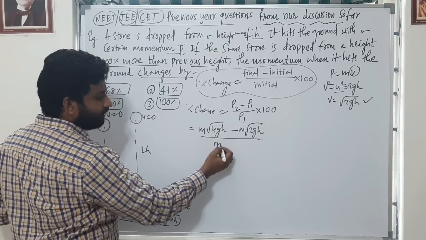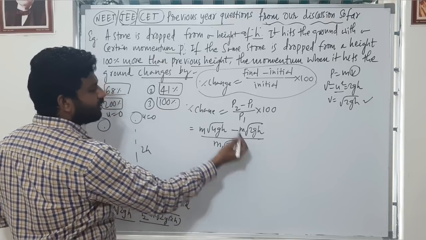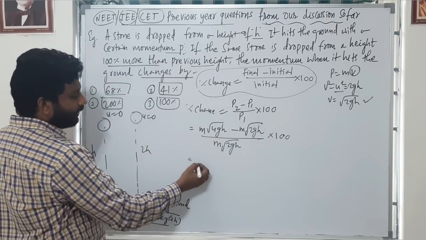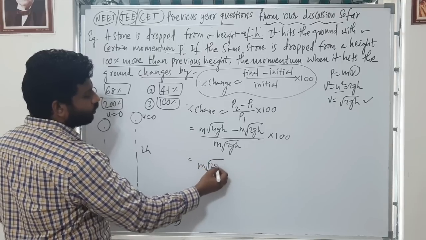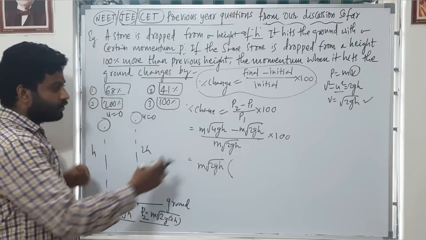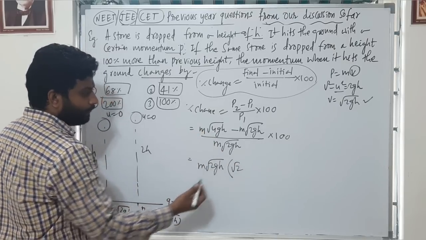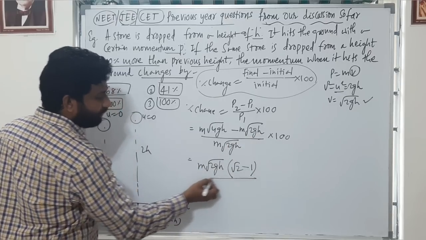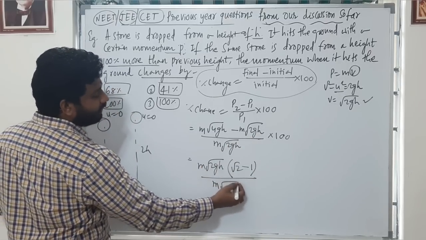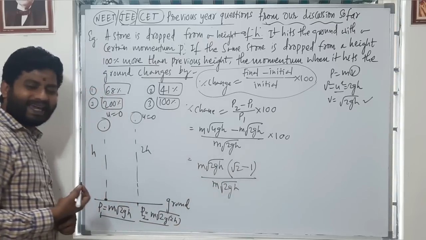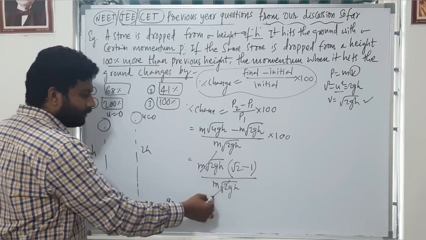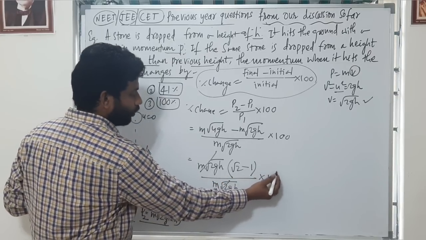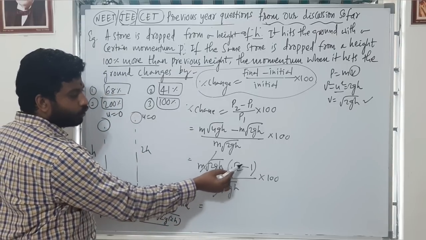What is P1? m into square root 2gh, into 100. In the numerator, what can I take common? m into root 2gh. So it will be root 2 minus 1, divided by the denominator m into root 2gh. Numerator and denominator cancel like this, and into 100 is also left. So what is that? Root 2 minus 1.